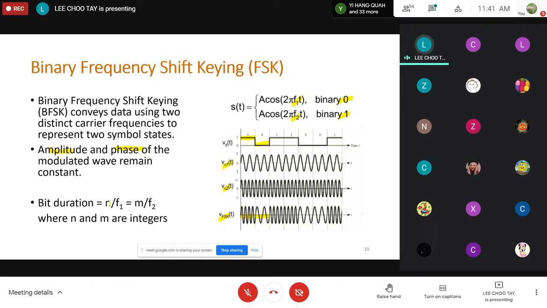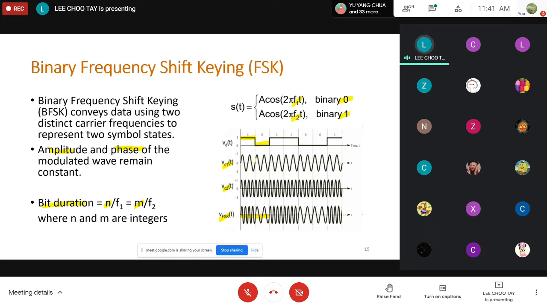There is a condition that you must be aware of: the bit duration is n times the period of the first carrier, and also m times the period of the second carrier. What it means is, if you look at the waveform here, you must have complete cycles within the bit duration.